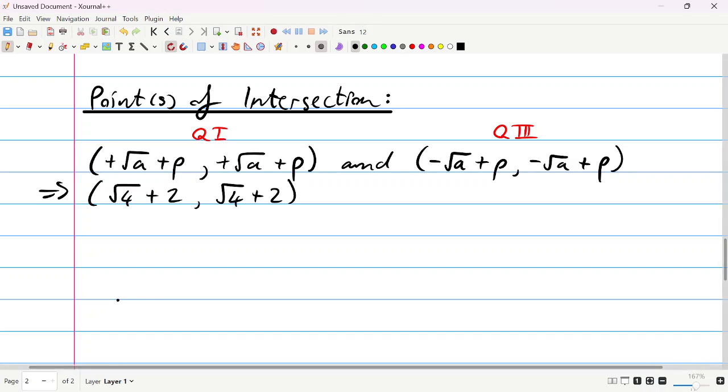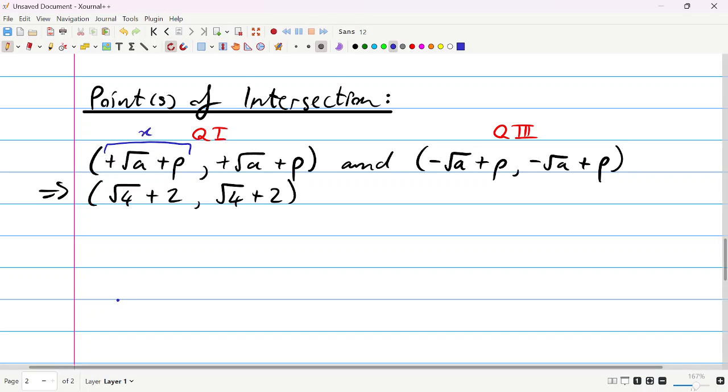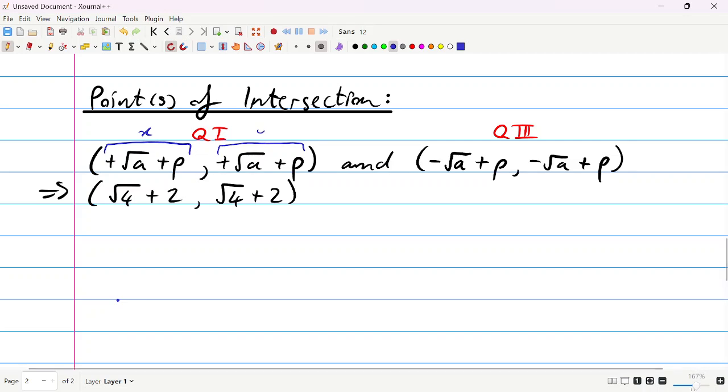Also, one thing that I want you to understand here: this is an x coordinate, so we'll work with p and a. But this one is a y coordinate, and why is p involved? P is not supposed to be involved within the y coordinates, so if you used it like this, it would be incorrect.